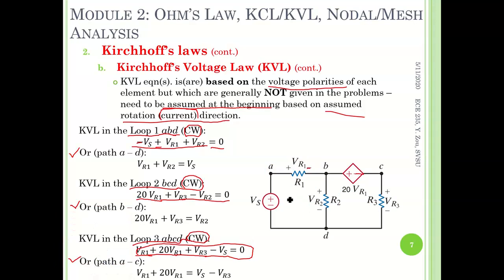For example, in loop 1, we have assumed the rotation direction, or current direction, to be clockwise, and then the introduced voltage across R1 is positive here, negative here. This is how we assume the voltage polarity across R1. Again, current flows through R1 in this way, introducing a positive here and a negative here, following passive sign convention. And this is how we assume the voltage across R1 at the beginning, according to which we write our KVLs.